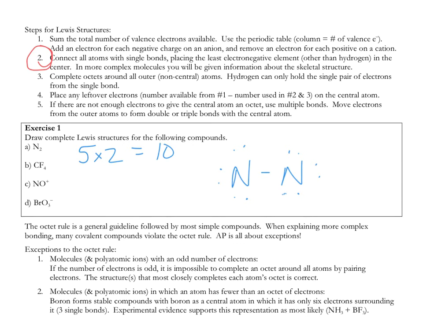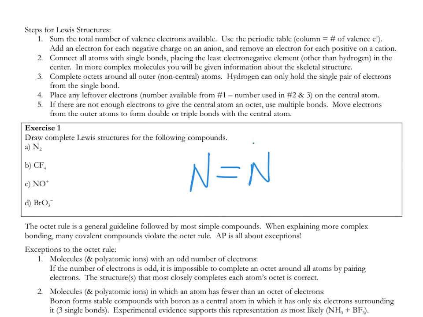And it won't let me erase this because I've done some other things, so I'm just going to clean up the whole thing here. I'm also going to change the size of this so my dots are a little bit better. So now I've got nitrogen. I'm going to make it a double bond. So I've moved some of the electrons in, and as I look at what I have now, I've got 1, 2, 3, 4, 5, 6, 7, 8, 9, 10, 11, 12.